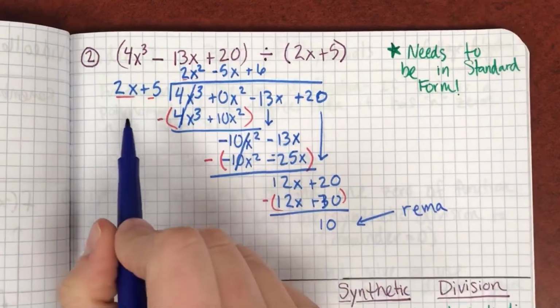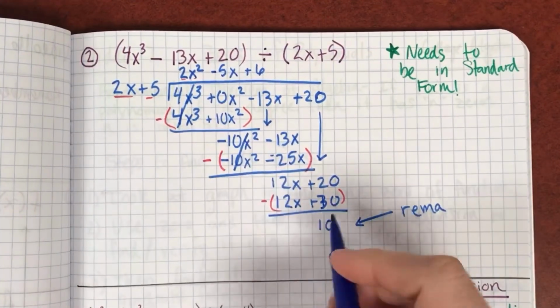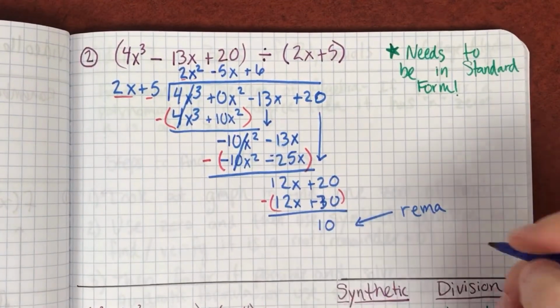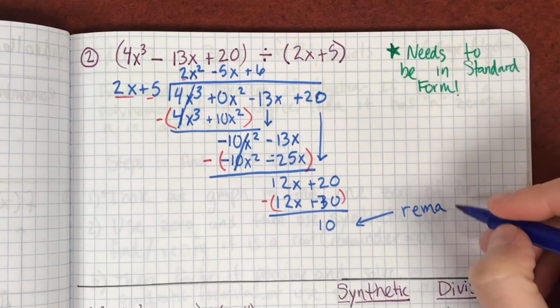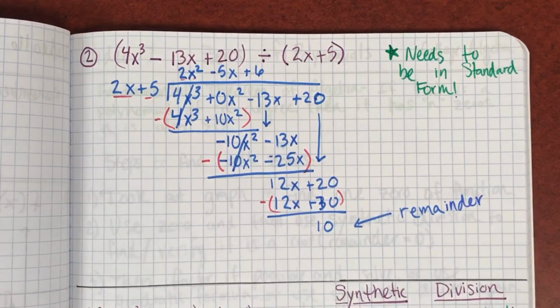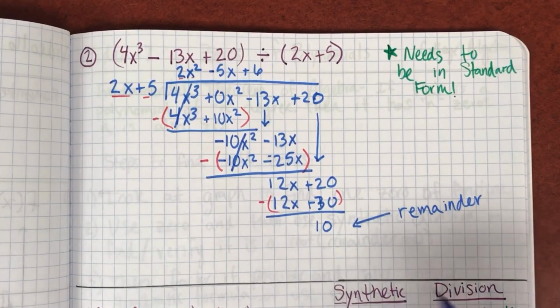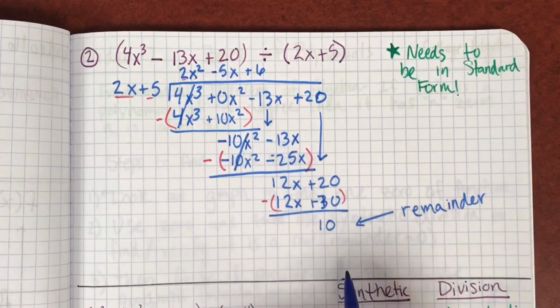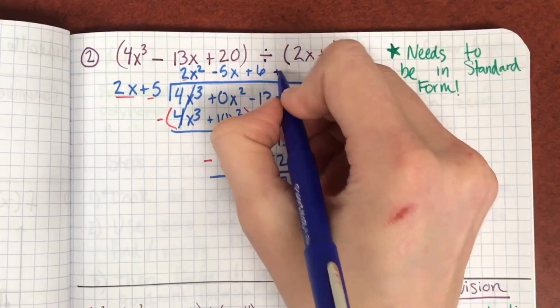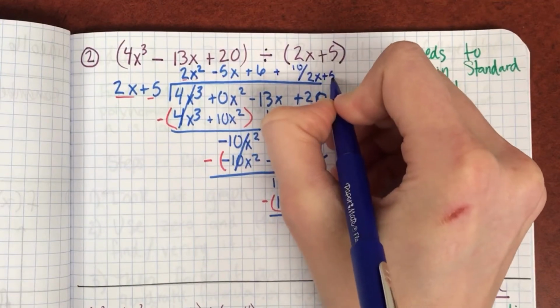So this is not a 0, or it's not a root, because we did not get a remainder of 0. In order for something to be a solution or a root, it has to divide evenly. So we would add plus 10 over 2x plus 5.